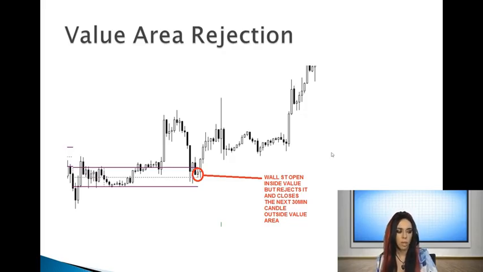And then by knowing where this kind of fair value of yesterday's trading was, you can clearly see the intent of the market participants to continue the underlying trend. That's firstly through this value area rejection that gives us the imbalance, but then also through the subsequent initial balance extension, which happens in this next candle as a follow-through, okay?